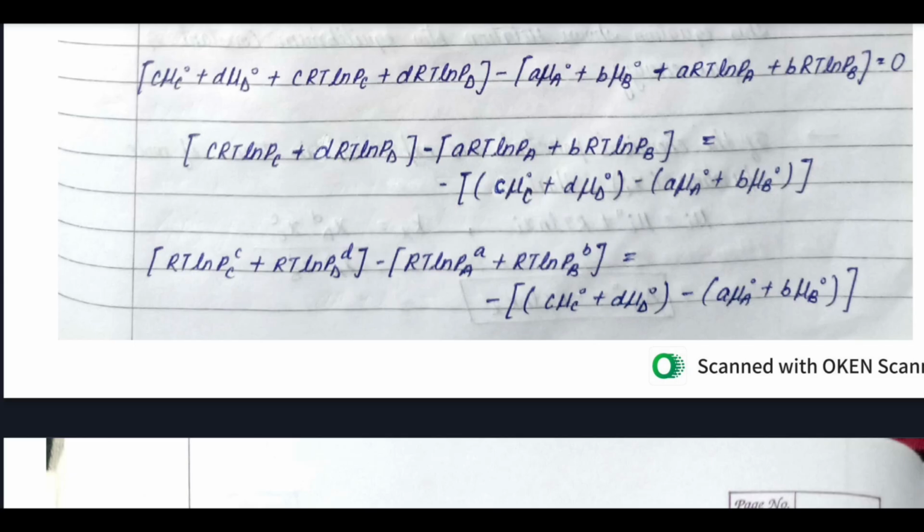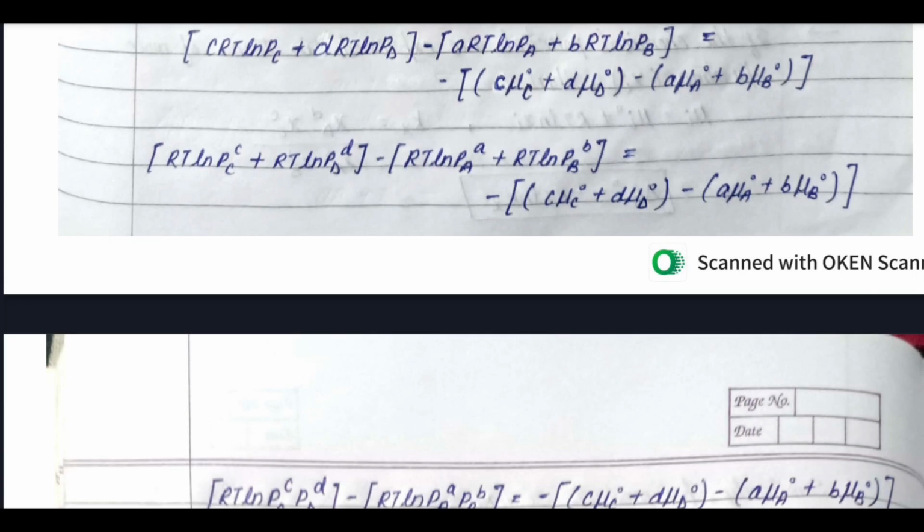So c RT ln PC plus d RT ln PD, that is, RT ln PC to the power c plus RT ln PD to the power d, minus RT ln PA to the power a plus RT ln PB to the power b, equals the same right-hand side.